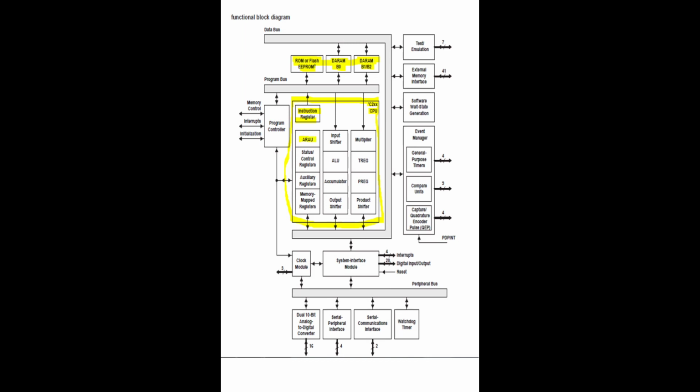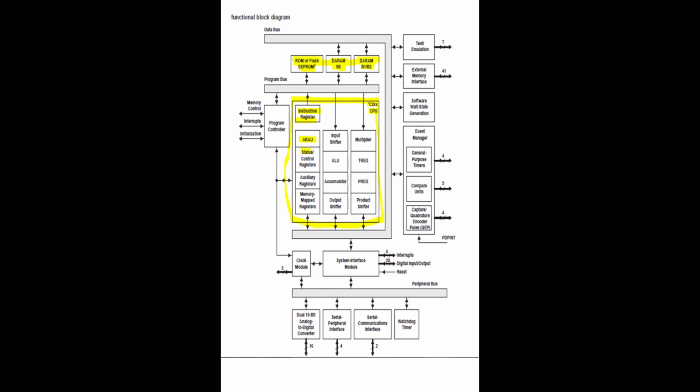Then the ARAU. ARAU is the auxiliary register arithmetic unit. This is used for addressing. When you see the various addressing modes of the TMS320 IC, you can see the use of this ARAU unit.